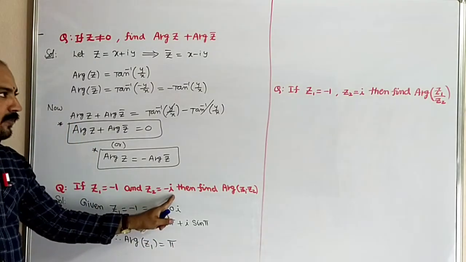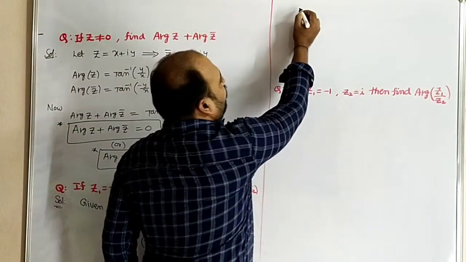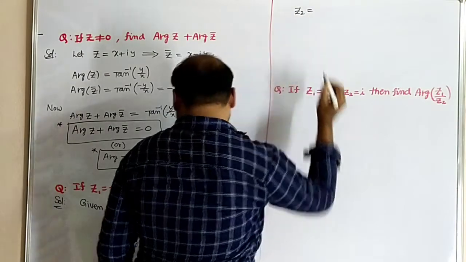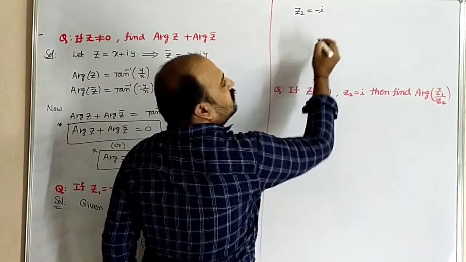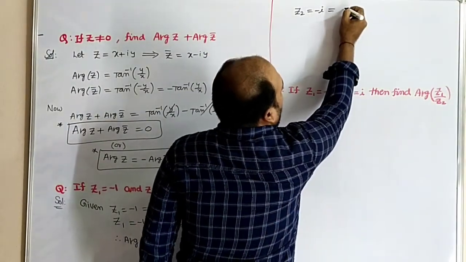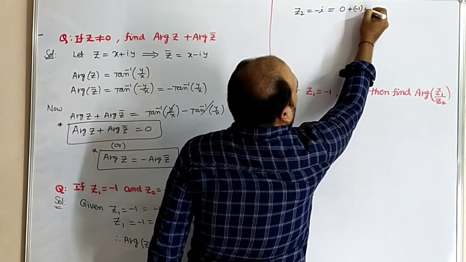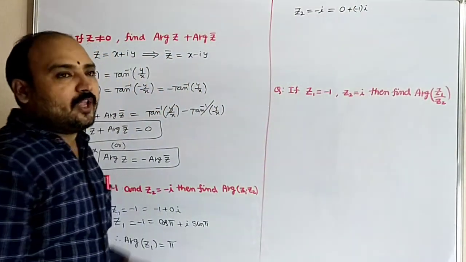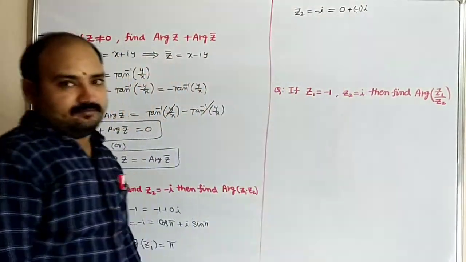Similarly, z2 is equal to minus i, which we can also express in that way. So z2 is equal to 0 plus minus 1 into i. It is in the form of cos theta plus i sin theta.